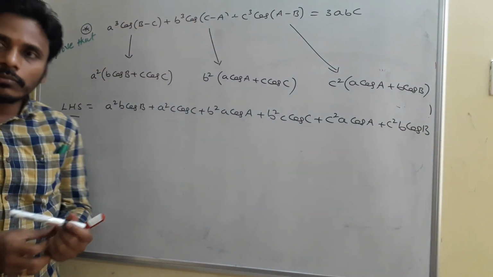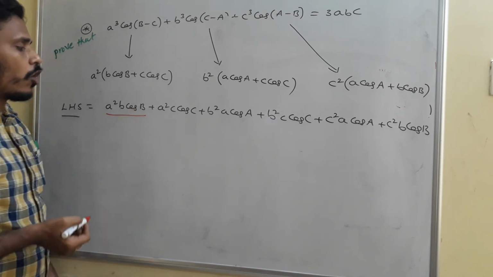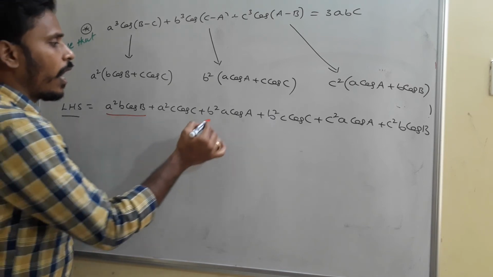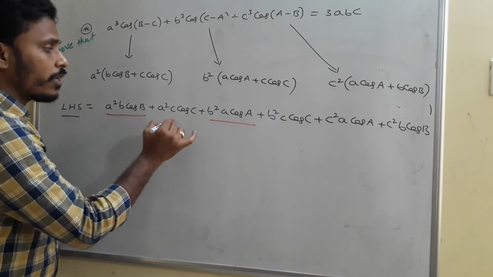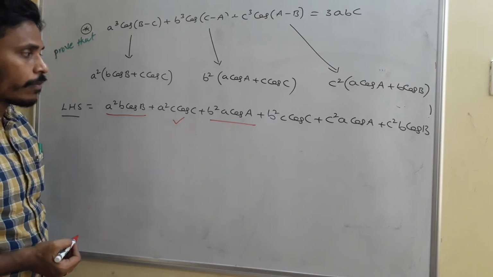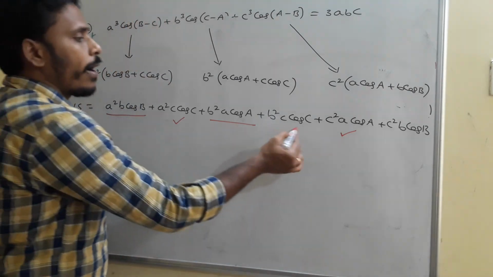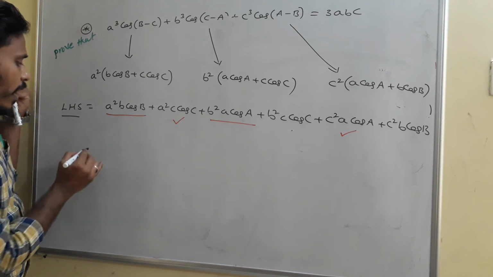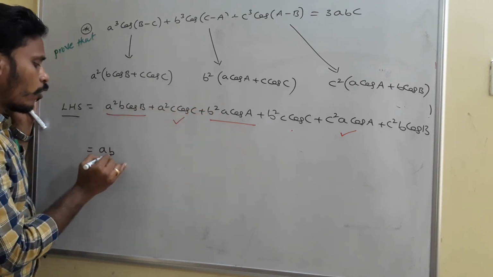And now there is some work here we need to do. Here it is a square b cos B, so I have a chance to common out ab, and here it is b square a cos A. Then this is a square c cos C, and then this is c square a cos A, and two remaining terms here. So think about the terms which I underlined here, a square b and b square a. You just common out ab.